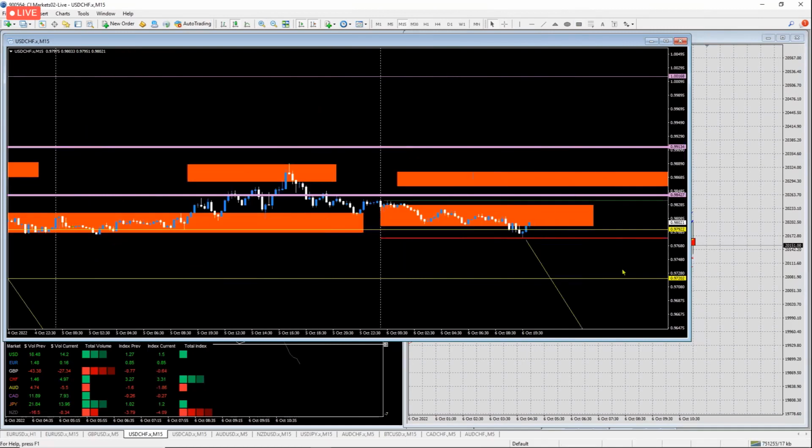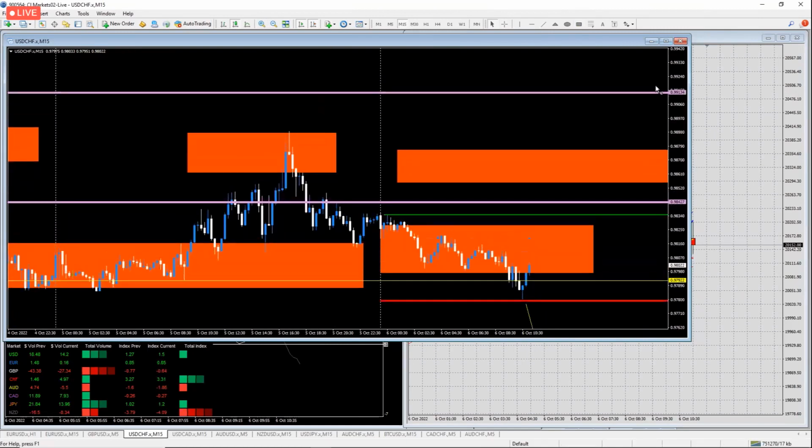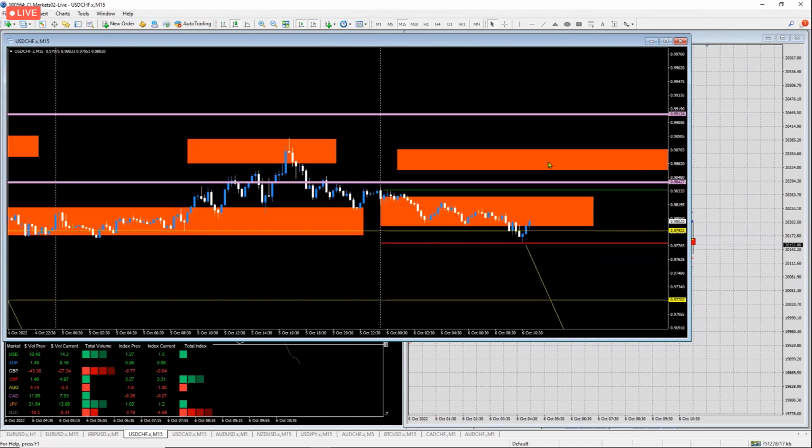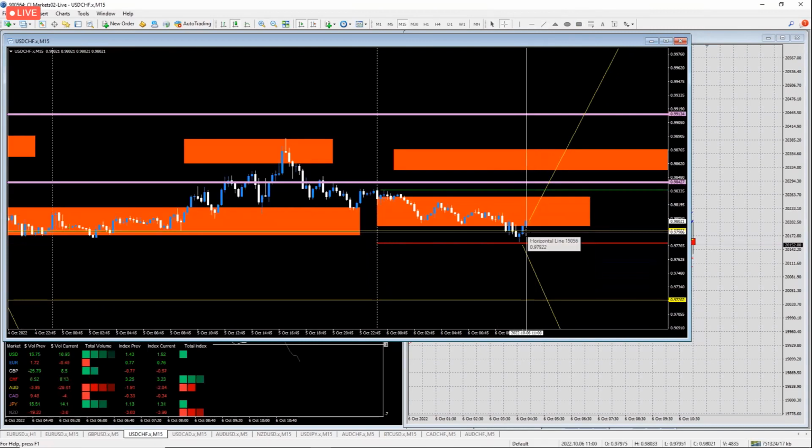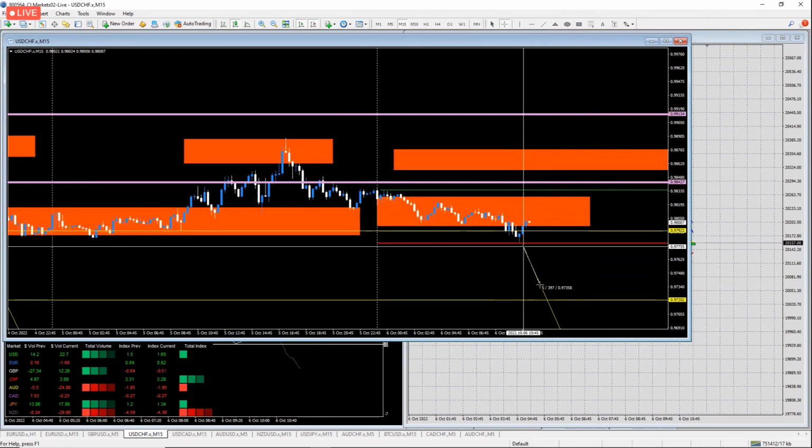Based on that, NZD is minus 4 and CHF is 3.3 and AUD is minus 1.9. Which currency should we buy or sell?